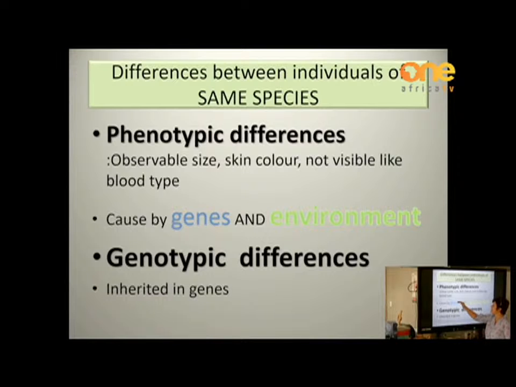When we look at the phenotype, it can be caused by the genes, but also by the environment. Because I can have a nice dark skin, but it is because I am all day in the sun. That is environment. My genes tell me what is my blood group, and the environment cannot change my blood group. That is only by the genotype.